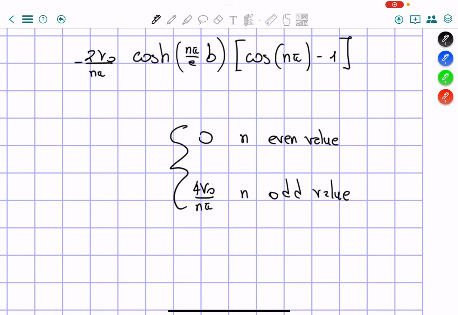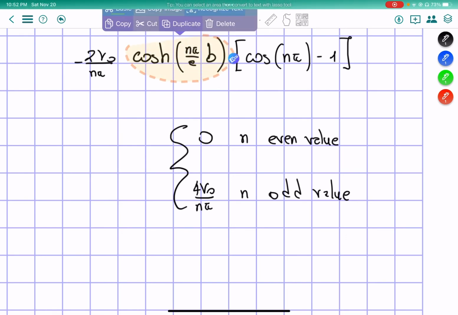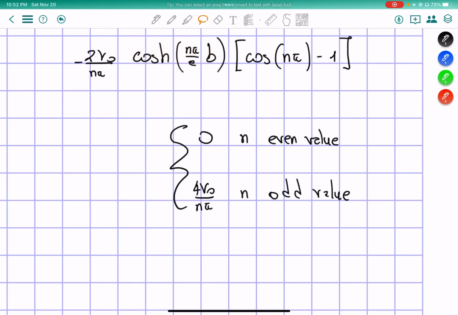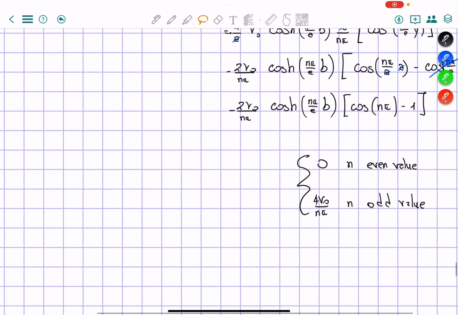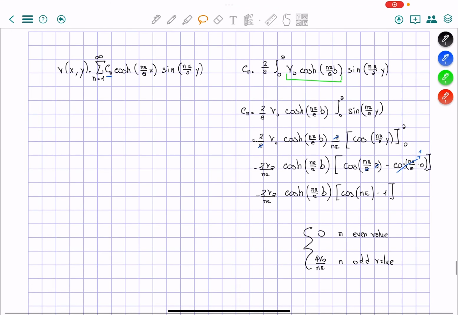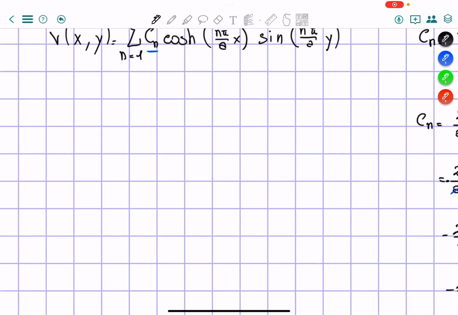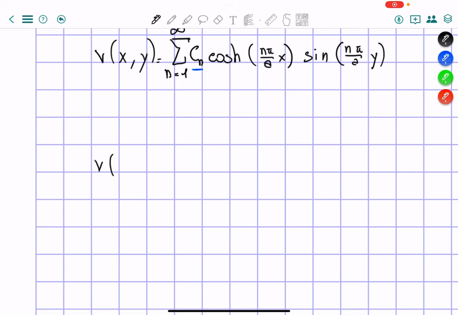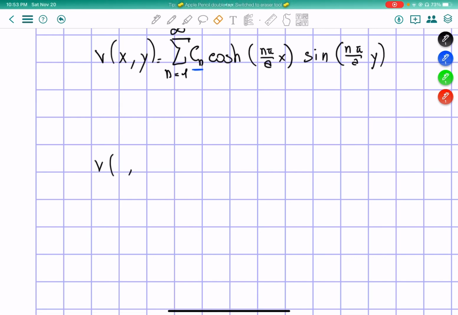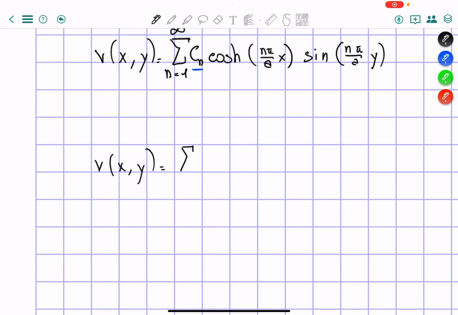Now I divide both sides by this value over here, so I can just bring it to the other side. Therefore, if I plug into my initial equation, I'm going to have that the function is equal to what we said.